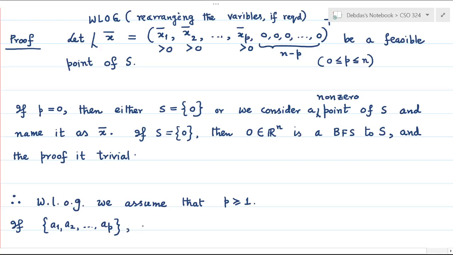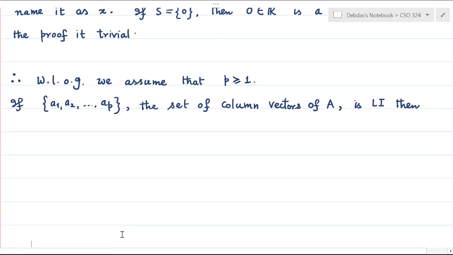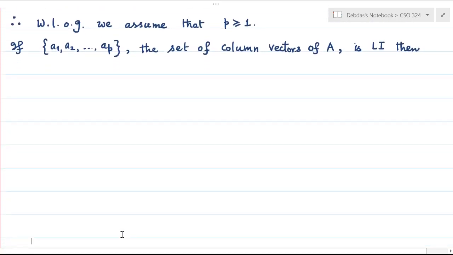If this set of column vectors of A is linearly independent, then the point x bar is a basic feasible solution.